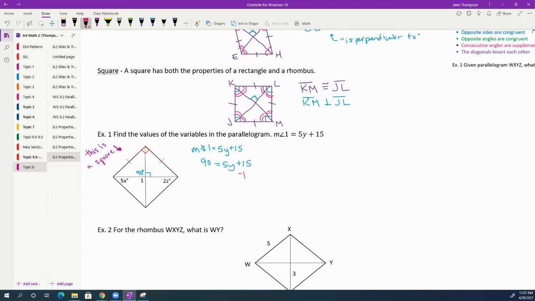So to get y by itself, I'm going to subtract 15 from both sides first. 90 minus 15 is 75. To get y by itself, I divide by 5. Whatever I do to one side, I must do to the other. So we get an answer for variable y of y equals 15.